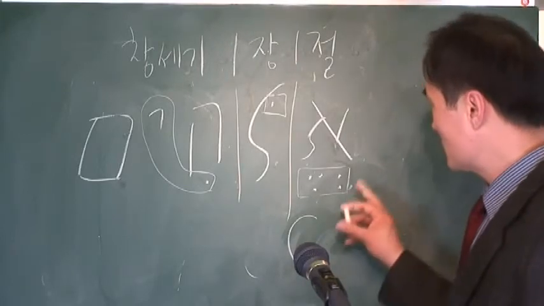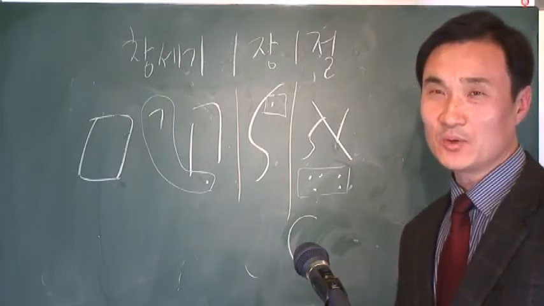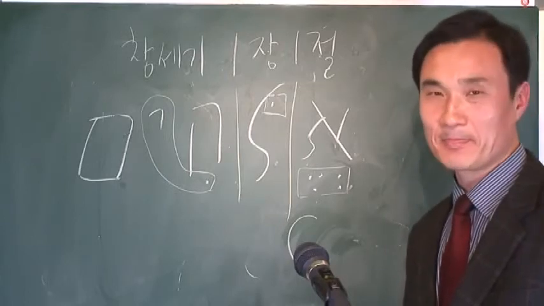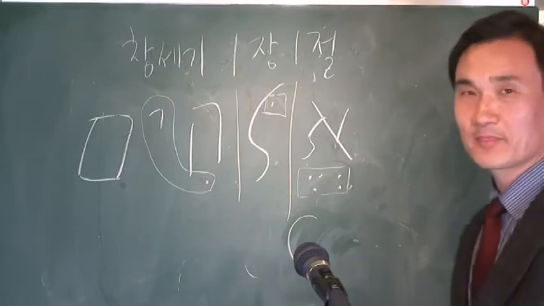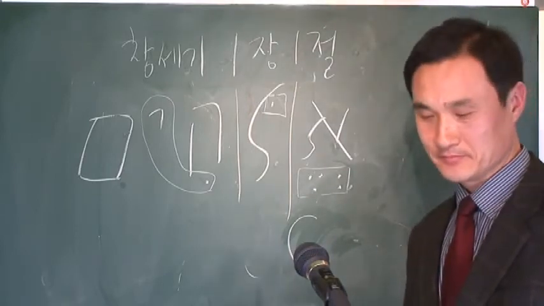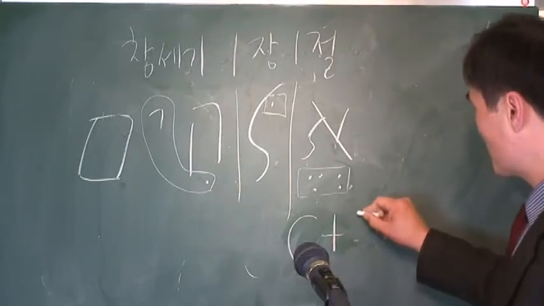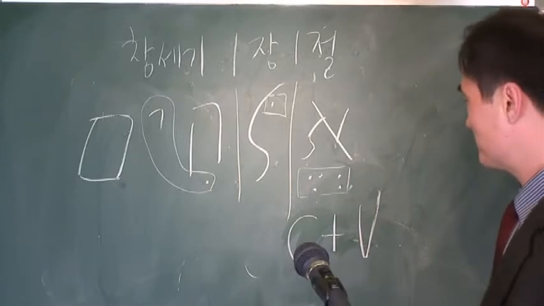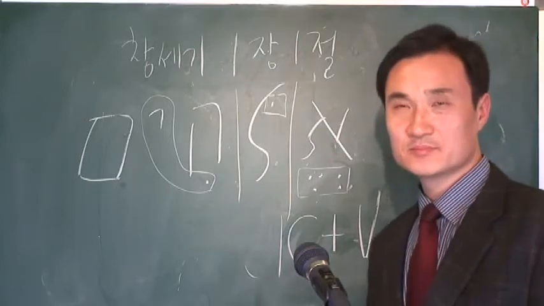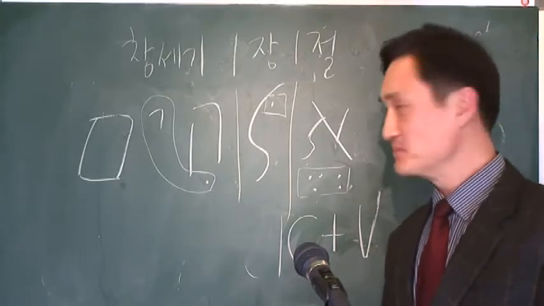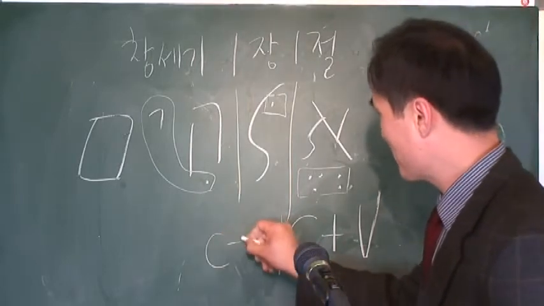Thus, it would appear as if the vowel comes first, but according to the rules of Hebrew syllables, the consonant appears first. It is an open syllable made up of a consonant and a vowel. The first syllable is an open syllable.